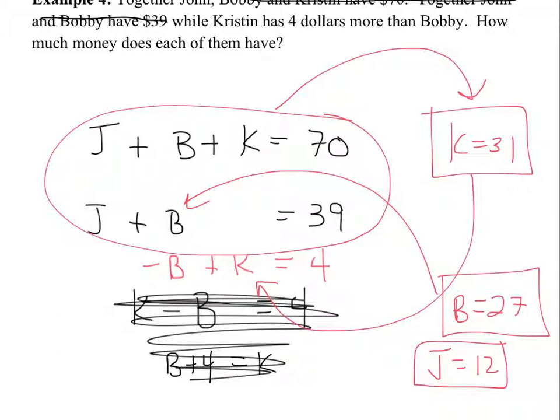Do you remember what you have to do when you're ready? What's the command? Yeah, you got that. I just don't know what numbers to put in. So take a look at the coefficients. Remember we did this the other day. What are all the coefficients? 1, 1, 1, 70. 1, 1, 0, 39. 0, negative 1, 1, 4. All the coefficients every time.